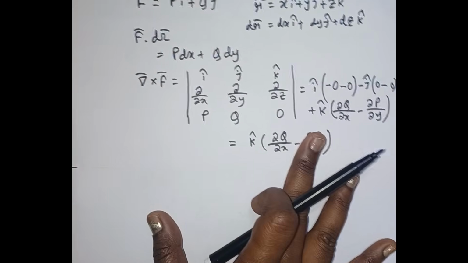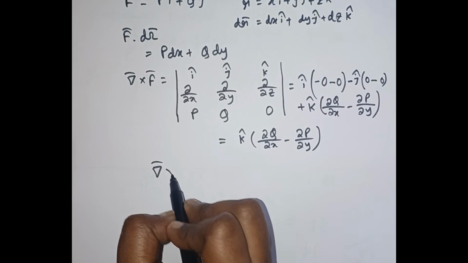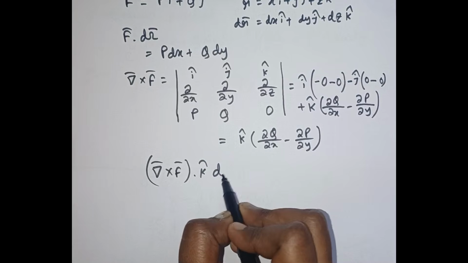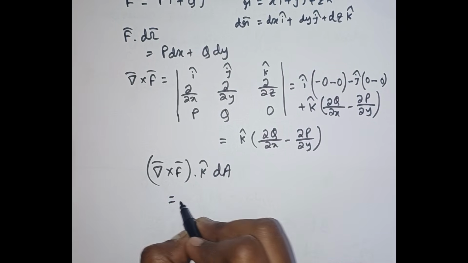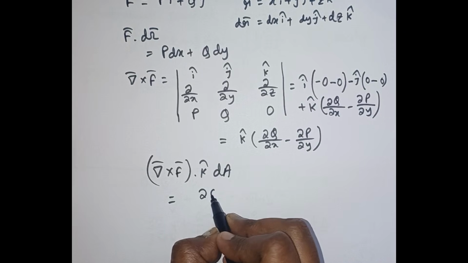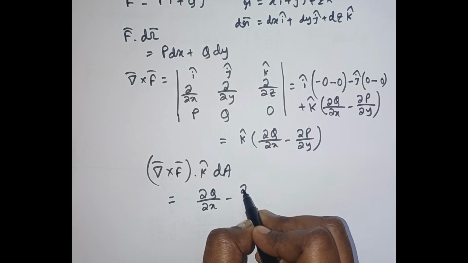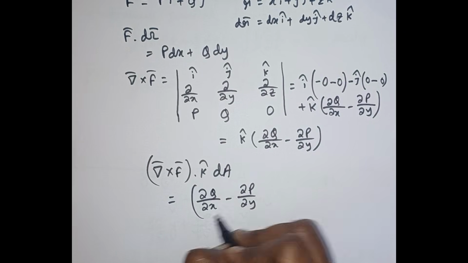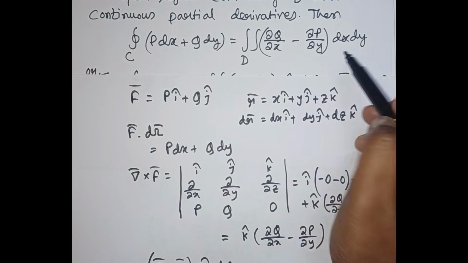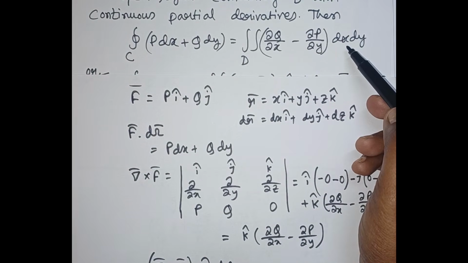Now we have to take the dot product of curl of F with k, dA. If we take the dot product with k, only del Q/del x minus del P/del y will be left, and dA is dx dy. So we are getting the RHS.